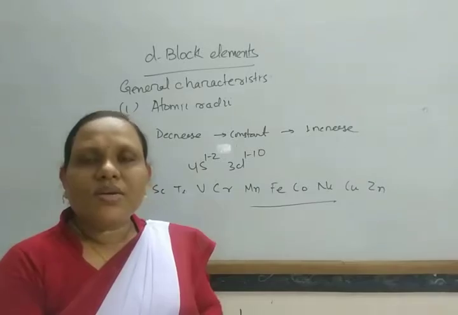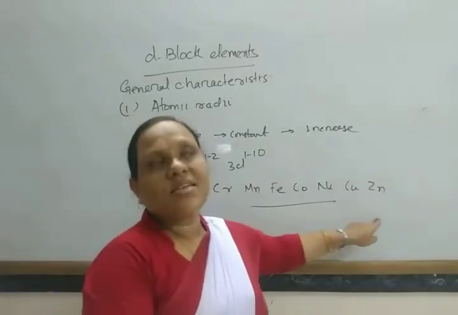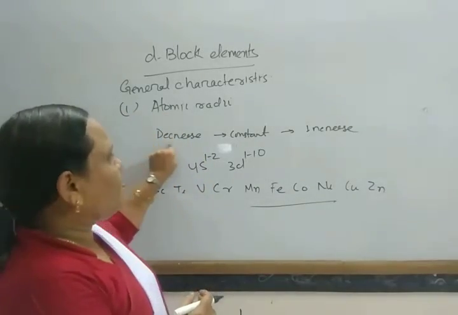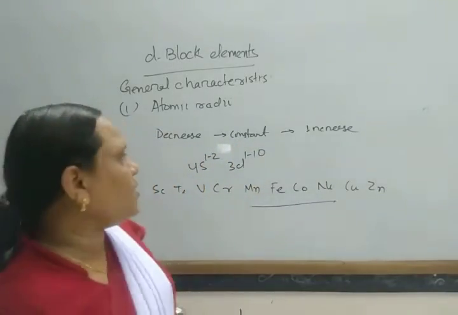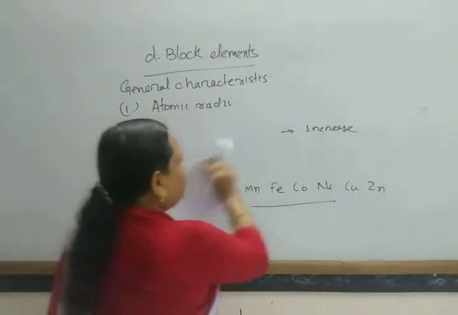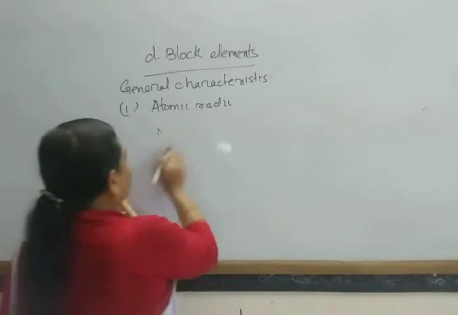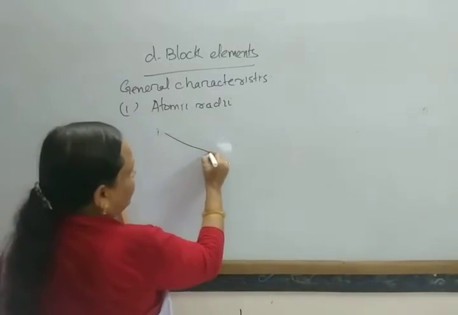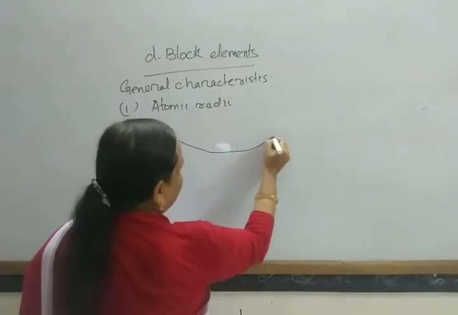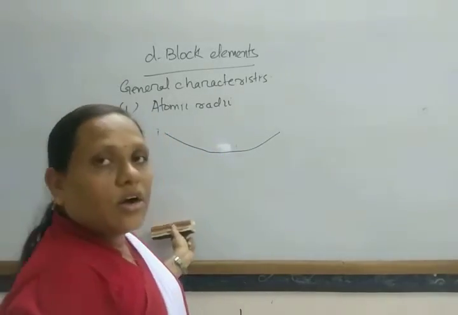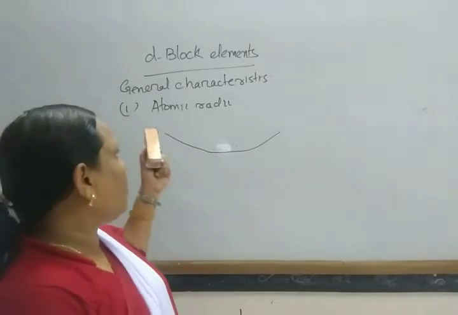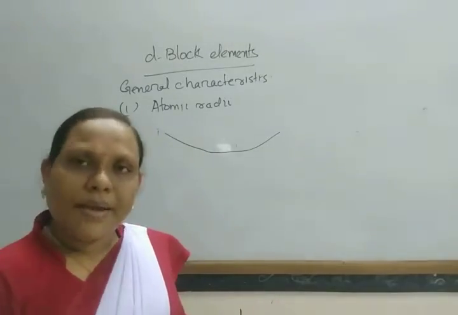Due to more electronic repulsion, it increases. So the atomic radius first decreases, then remains constant, then increases. If we draw a graph, it looks like this. Same also for the 4d series and 5d series.